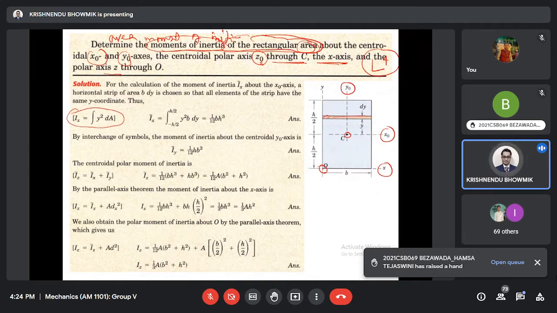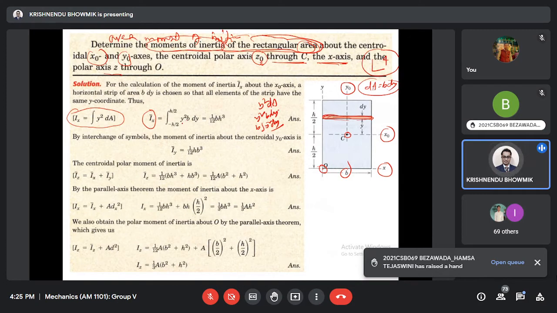This is the elemental area, dA equals B dy. For this element, area is B dy. Then y square B dy. So this is Ix bar.